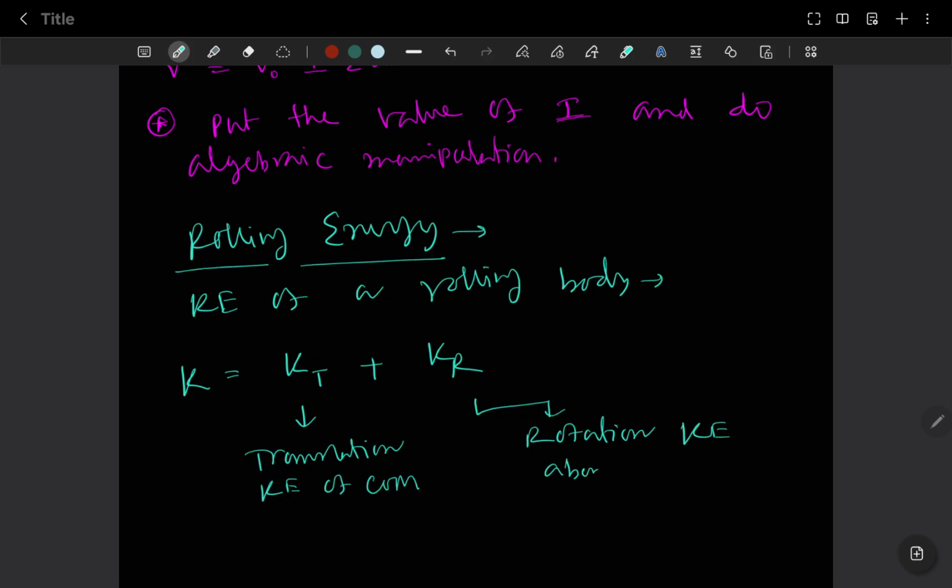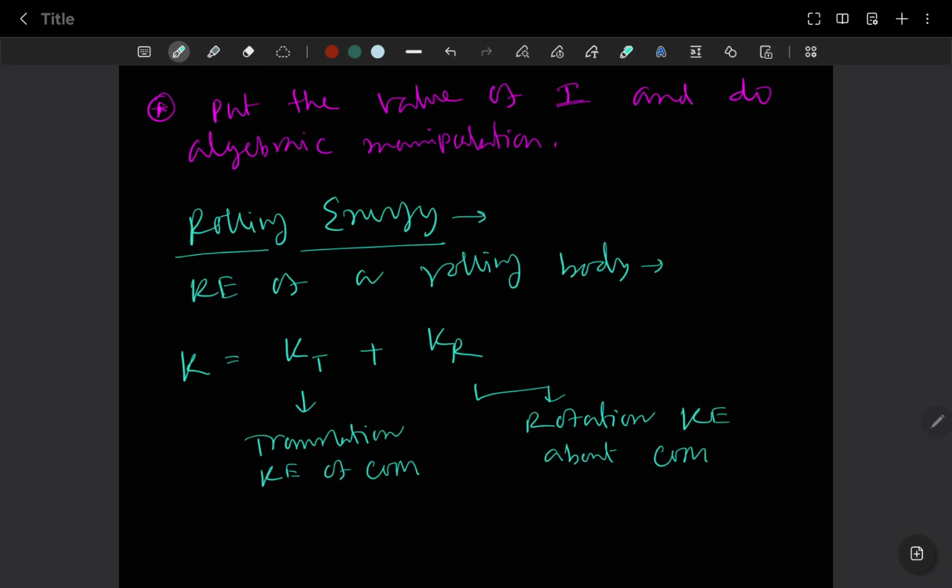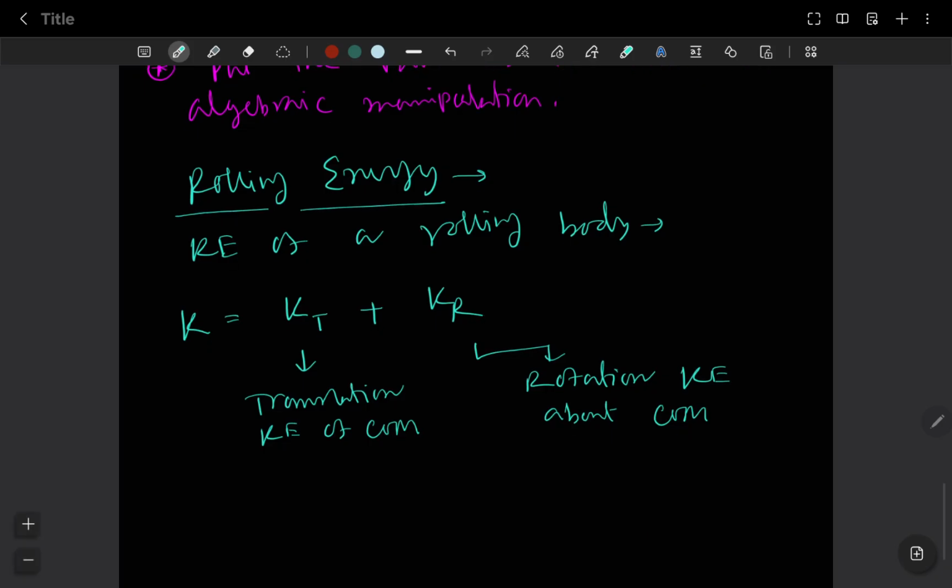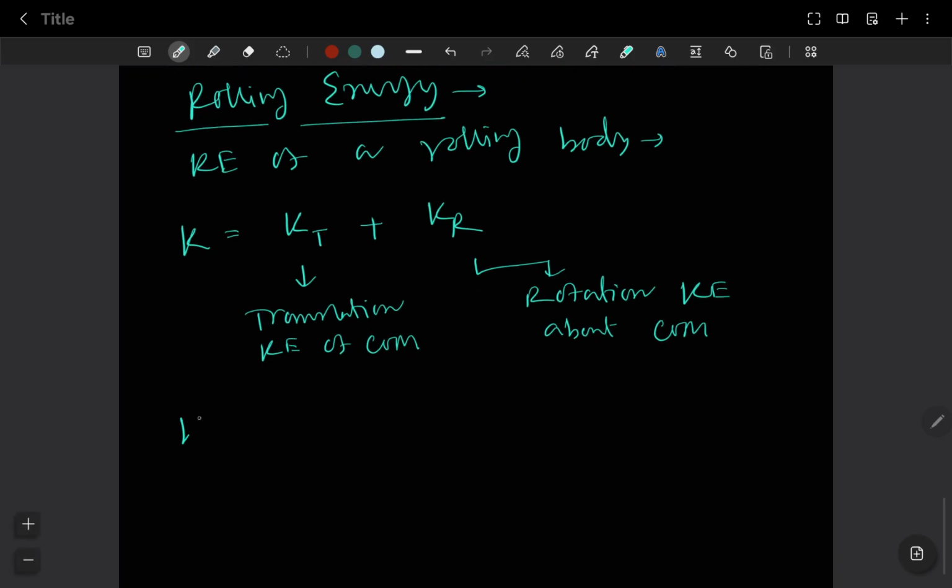Because these two motions are occurring simultaneously in rolling, the total kinetic energy, known as the rolling energy, is given by half m vcm square plus half I omega square.